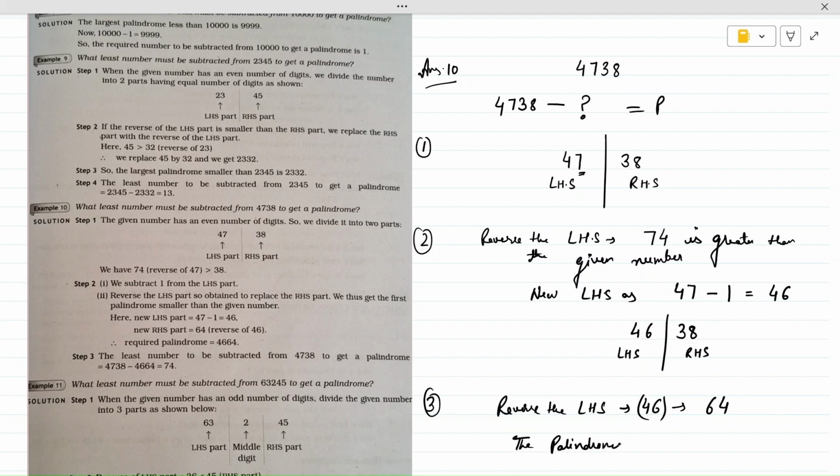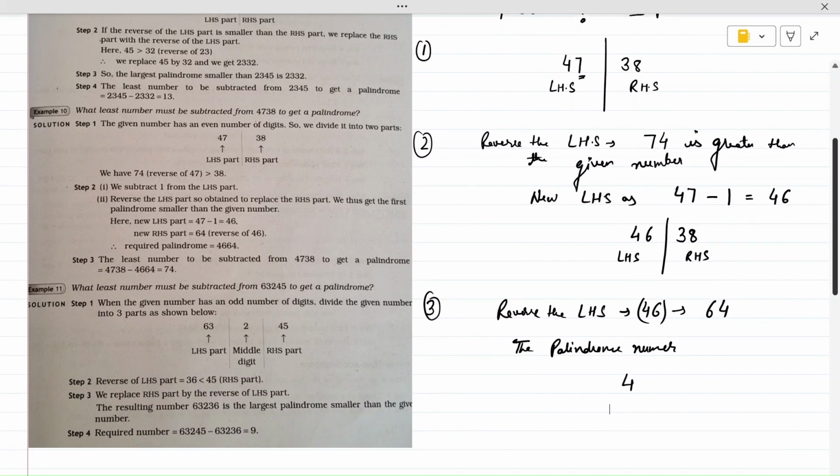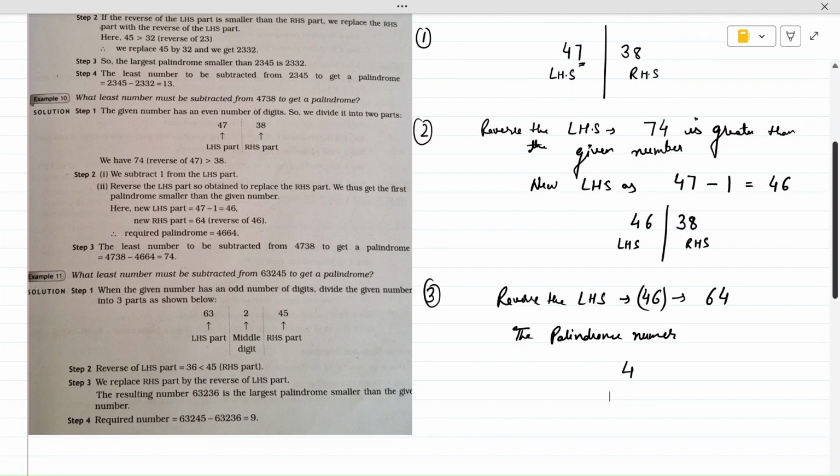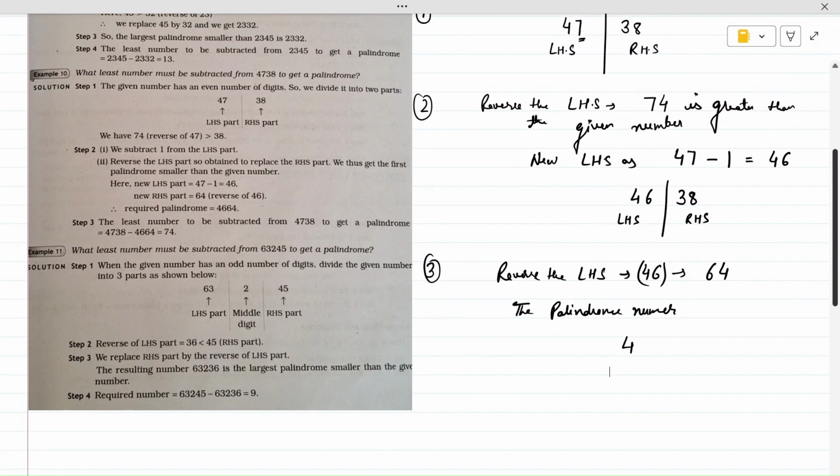So a palindrome number will be what? This number 46, and when we compare this 64 with this 38, this is greater.